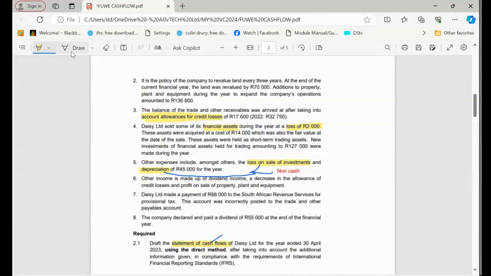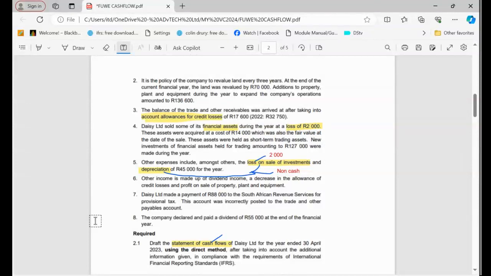Loss of 2,000. So let me write it here. The loss is how much? 2,000. So meaning this amount of other expenses includes 45,000 for depreciation and 2,000 for the loss on sale of investment. That is the loss that they're talking about.